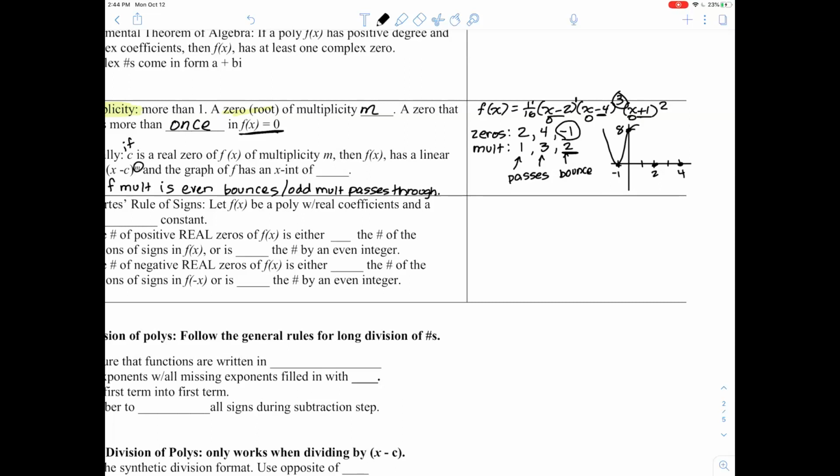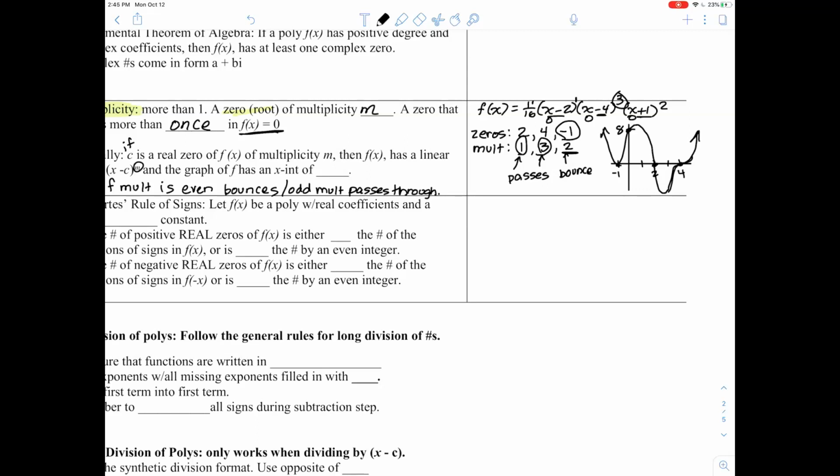And then it's going to come up like this, and then it's going to pass through 2 pretty steeply because it has a multiplicity of 1, and then it's going to come back up through 4. 4 has a multiplicity of 3, so that's odd, so it's going to pass through, but as it gets closer to 4, what it's going to do is kind of flatten out near the 0, so it looks something like that. So I'm going to fix that up a little bit. So that is similar to what that graph would look like.